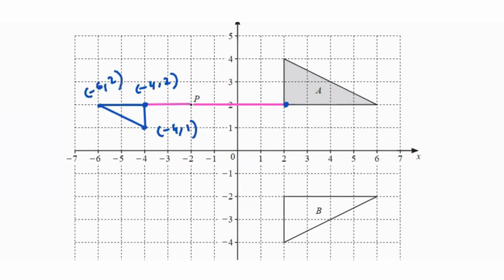Because if we match the lengths, this is this, this is this, and that would be this. They're all passing through the same point, which is point P. So that's why it's your center of enlargement. So this is the accurate representation of enlargement of A, and this is B.